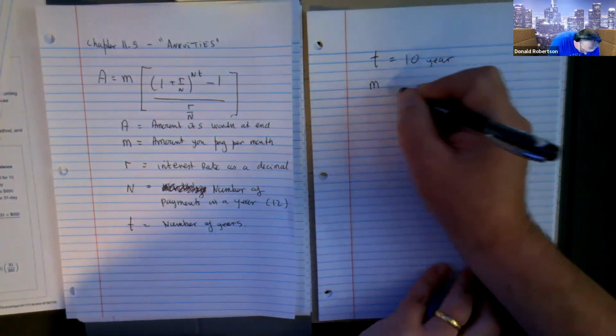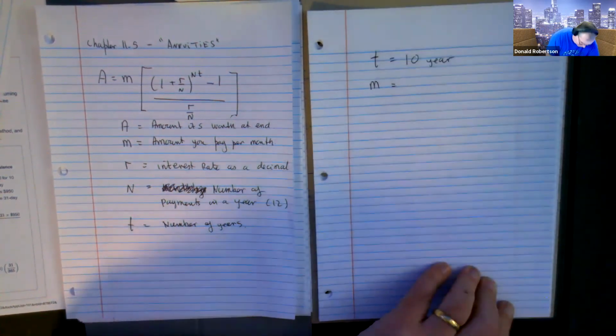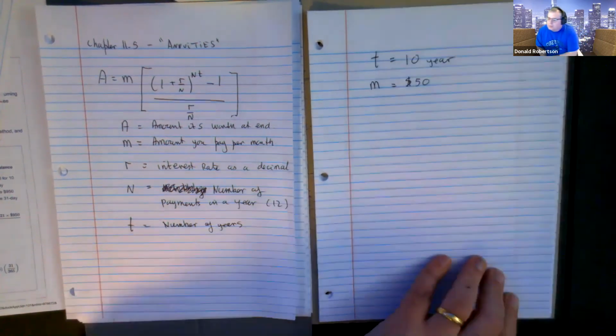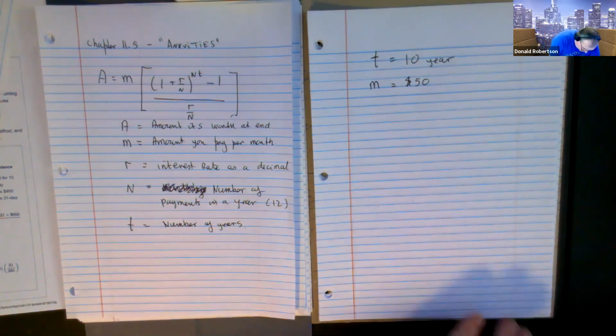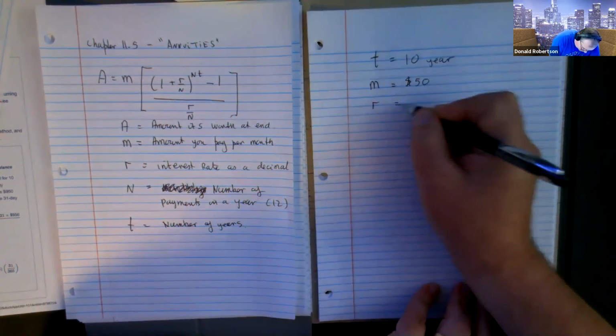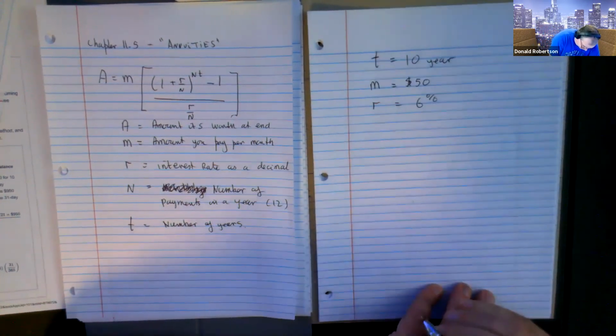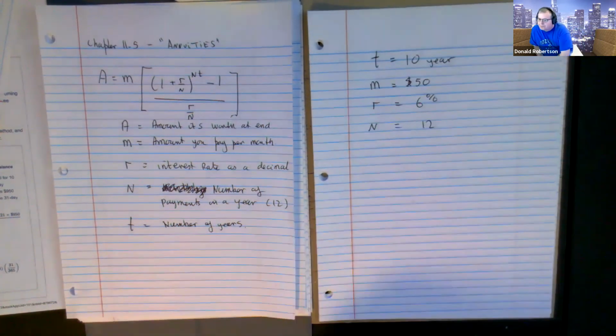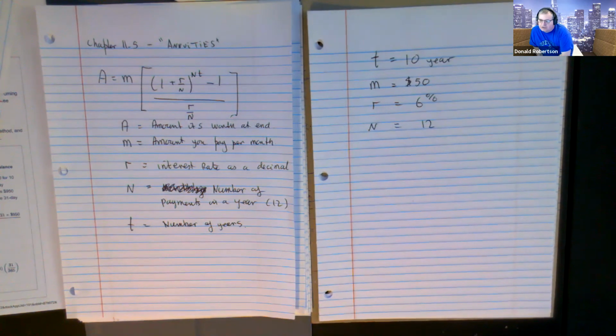You've decided, it might not pay for all the college, but you've decided that you can put away $50 a month. The interest rate, let's say you manage to get 6%, and we'll stick to doing it monthly. Okay, there's your question. How much money is that 10-year annuity going to be worth based on these figures?